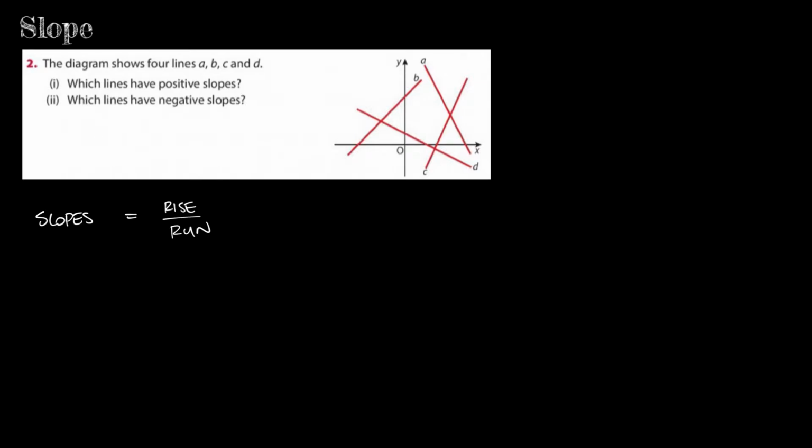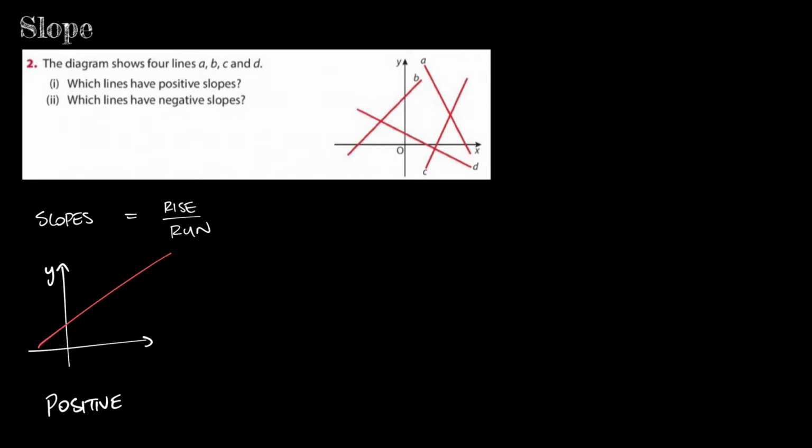And what we found out the last day was that if something slopes, your y-axis points up, your x-axis goes across. If it slopes like this, it is a positive slope. As the x values get bigger, the y values get bigger, so that's a positive slope.